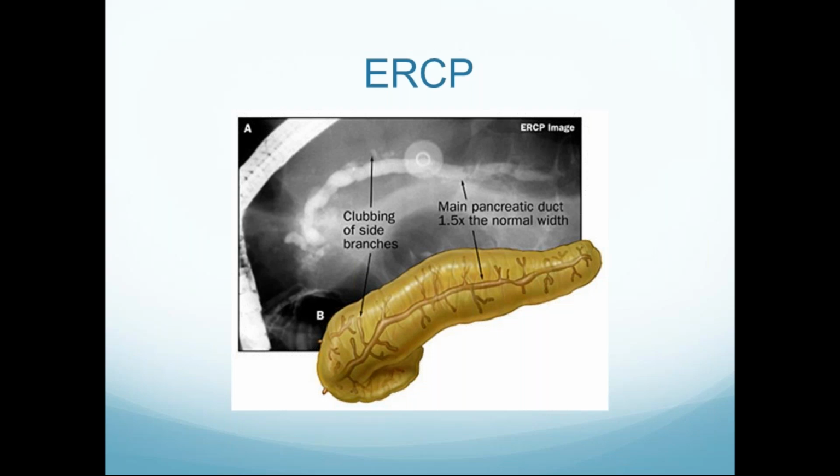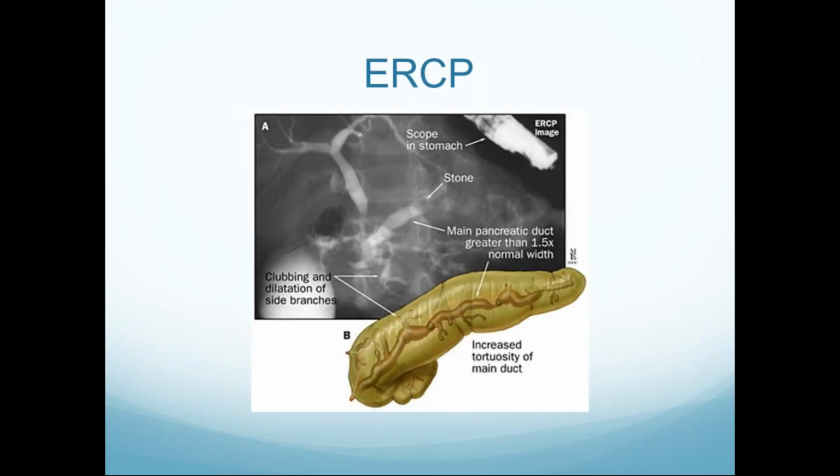In mild to moderate, it will be greater than 4 mm, and in severe chronic, greater than 10 mm. Okay. So this is the main pancreatic duct, which is 1.5 times the normal width. In the previous image, we saw the normal width of the pancreatic duct, and in this image, we see the dilation of the duct, that is 1.5 times the normal. Similarly, this is the clubbing of side branches.